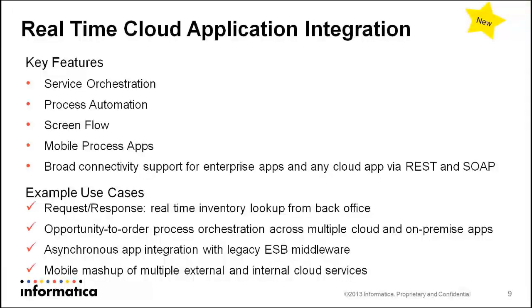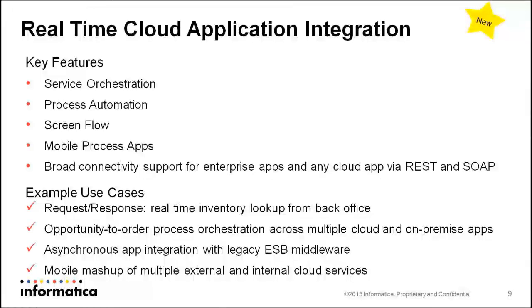You have long-running business processes, for example, if you're doing things like order processing, which spans multiple enterprise applications, let's say starting with an opportunity in Salesforce, and you are ultimately processing the order in your typical ERP environment, maybe it's SAP or Oracle eBusiness Suite. You are looking at a much more complex business process, and typically those processes are long-living, and that gets into process automation. That pattern is also supported with this product.